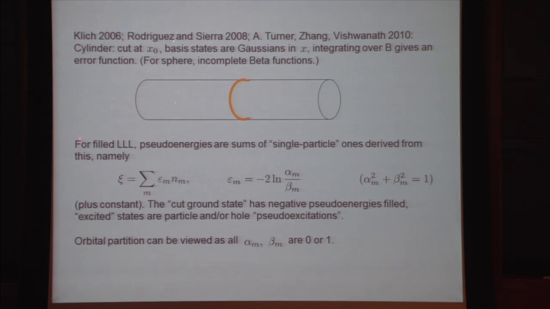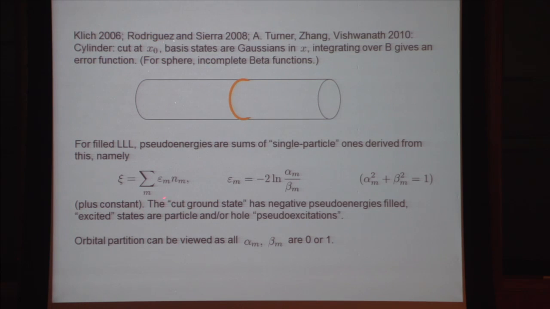And then what I find if I take the case of the filled Landau level is that since it's a single particle problem, a free, non-interacting particle problem, not surprisingly, the spectrum that I get is itself described in a free particle manner. The total pseudo-energies are just sums of single particle pseudo-energies times the occupation number for each of these states m, where epsilon m is given by a formula in terms of alpha and beta, the weight in the two parts.